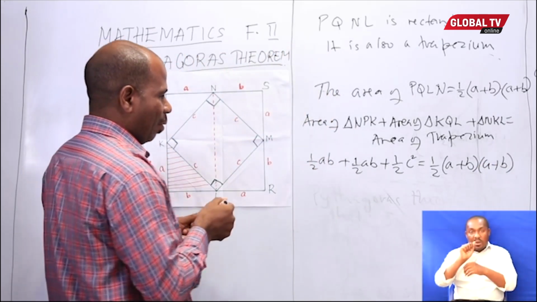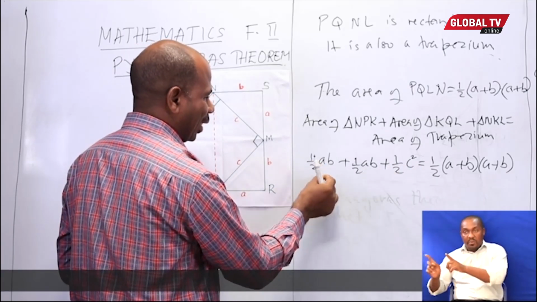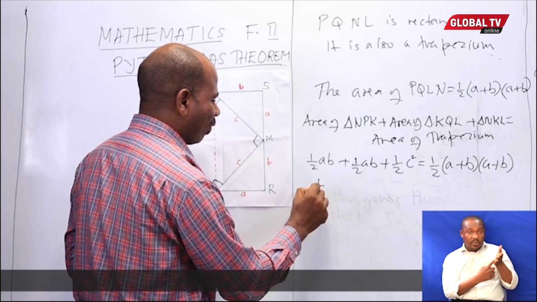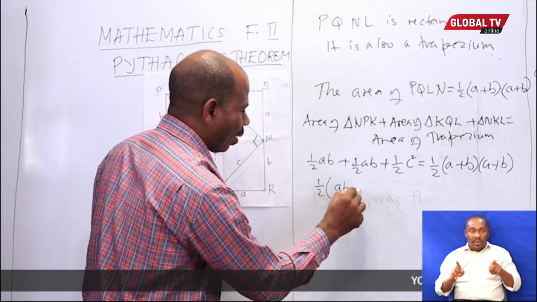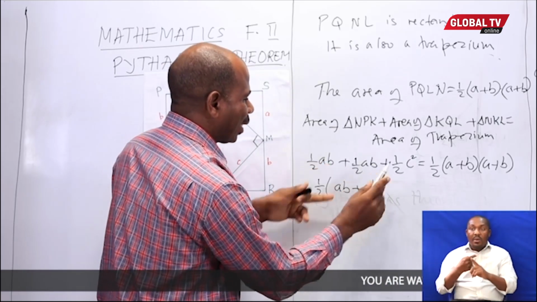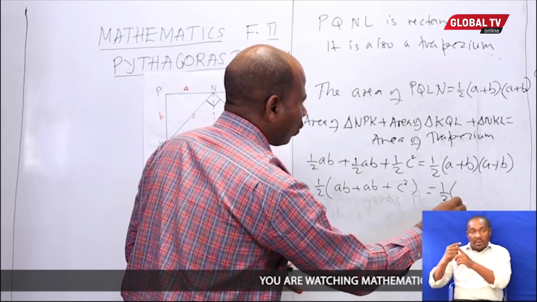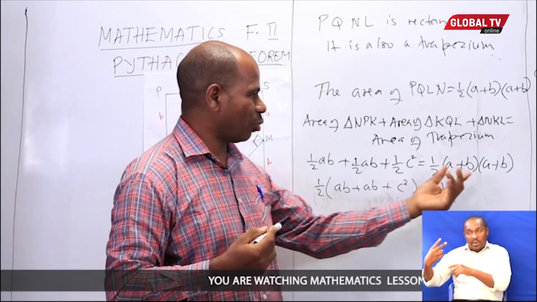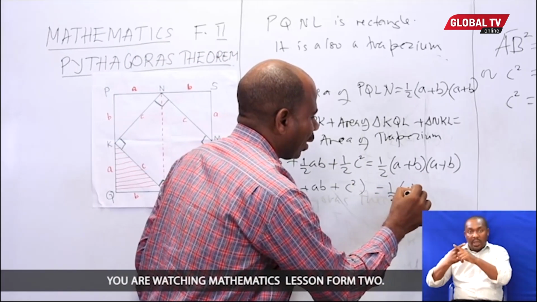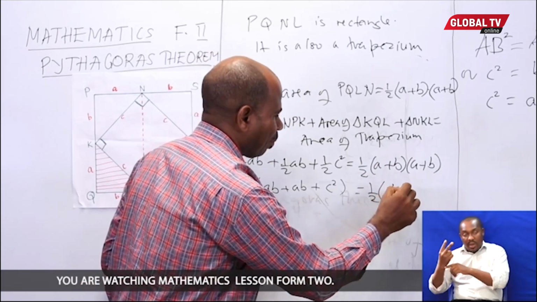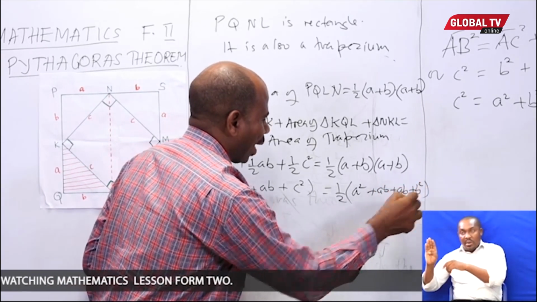So here, half is common for those parts, so we can put half as common, and then we have AB, this one, and also plus AB, the second part, but here we have C squared. And on this side we still have half, so we can expand the two brackets. If we expand, A times A is A squared, A times B is AB, B times A is AB, and B squared.